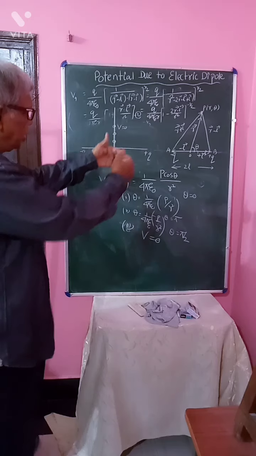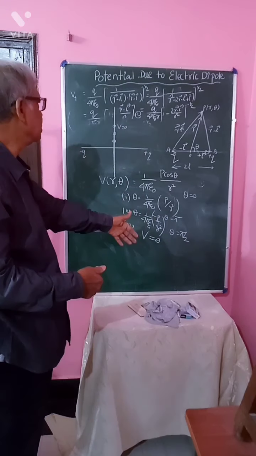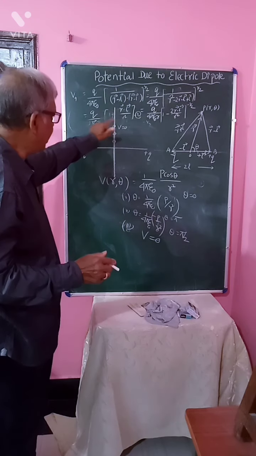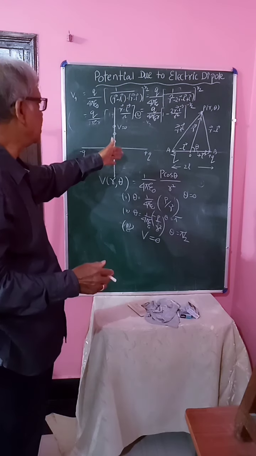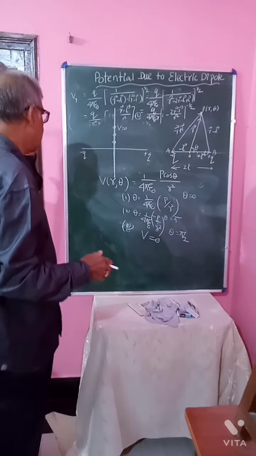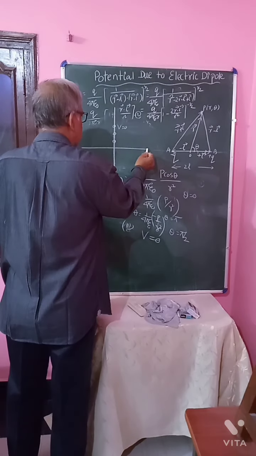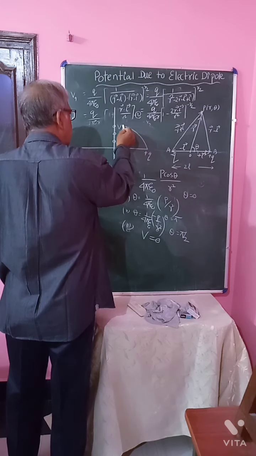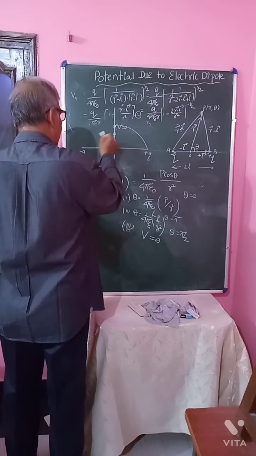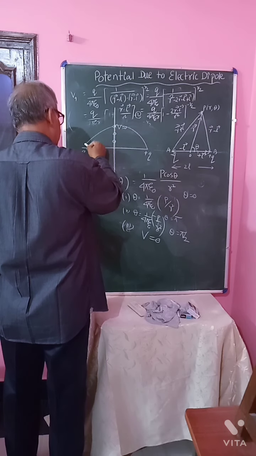If you consider a plane that is the perpendicular bisector, then at all points on the plane the potential is 0, and that plane is an equipotential surface, and the lines of force starting from the positive charge will meet this surface perpendicularly and converge to the negative charge.